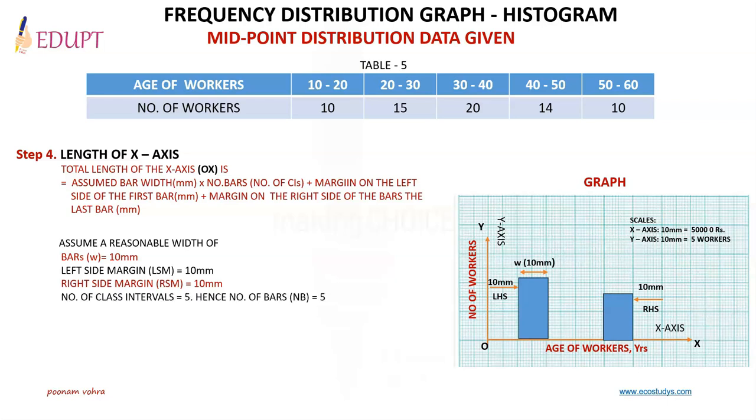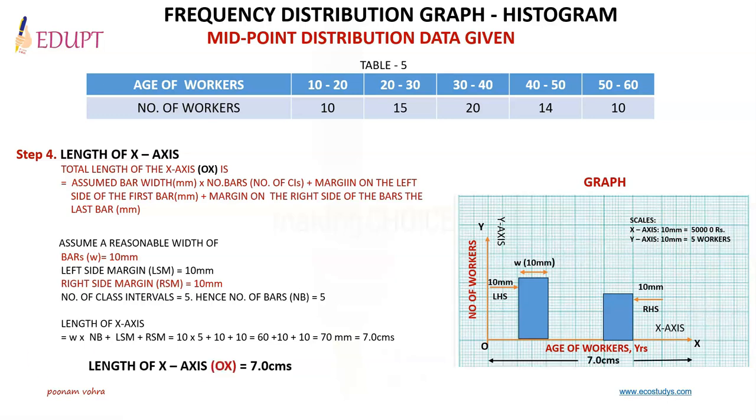Number of class intervals, as one can see, are 5. So 5 bars would be presented. So the length of x-axis would be width of the bar multiplied by number of bars plus left side margin plus right side margin. Width is 10 millimeter, number of bars is 5, 10 into 5 plus 10 plus 10. So that makes it 70, it should be 7 centimeters. So length of x-axis is 7 centimeters.